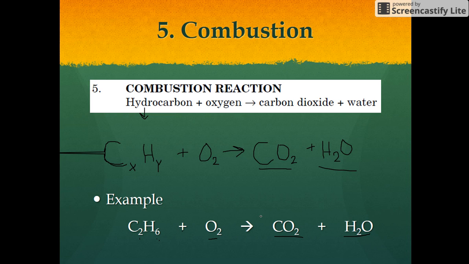So just by looking at the products and seeing this hydrocarbon can tell you that is a combustion reaction, right? Be very careful about this because a lot of students assume when they see this that it's a single replacement reaction because of the pattern, but specifically because it makes carbon dioxide and water, it has to be a combustion reaction. Combustion is when things explode, right?